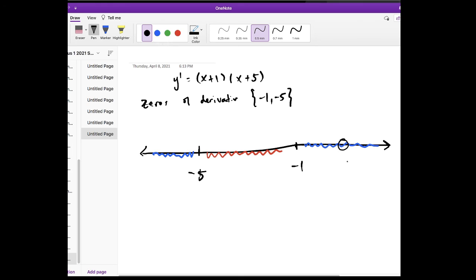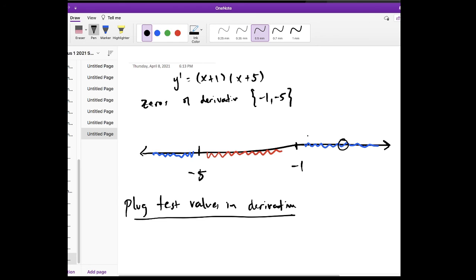Good, yeah. So we're plugging into the derivative. Okay, so what happens when you plug in 0?